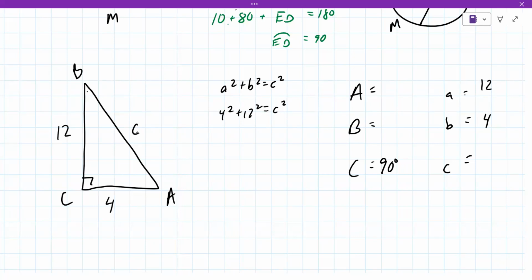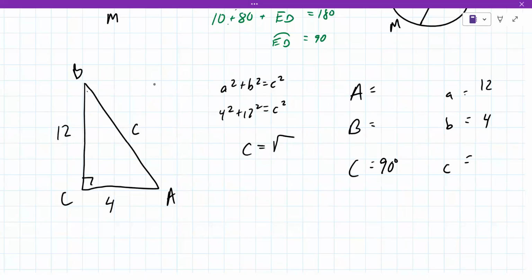Could you try simplifying that? So it would be the square root of 160.